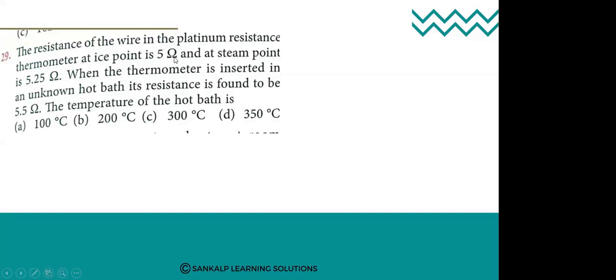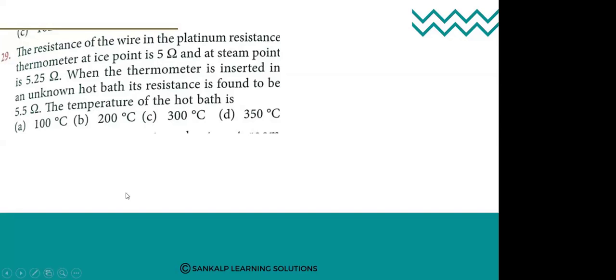So here, at ice point, the resistance is 5 ohm, and at steam point, the resistance is 5.25 ohm. When the thermometer is inserted in an unknown hot bath, its resistance is found to be 5.5 ohm. What is the temperature of the hot bath?